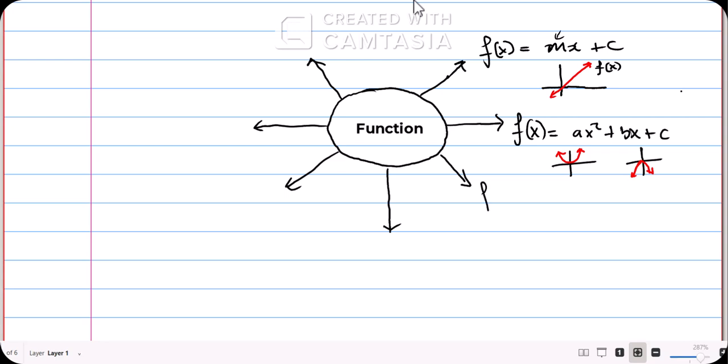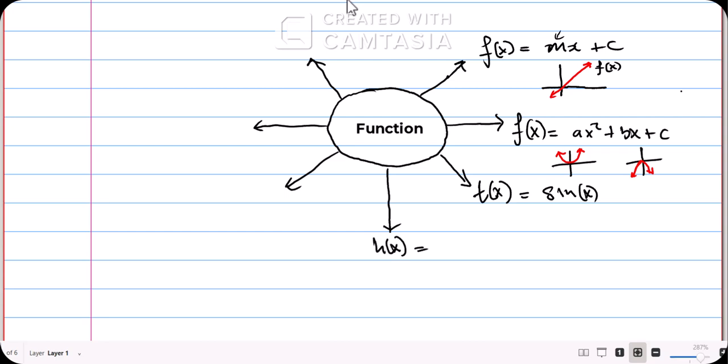Let me list the functions. We have f of x, it can be g of x, it can be t of x, it can be anything. Let me just use t of x, because some people would be puzzled why we are using t of x. You can use t of x, sine of x, or h of x.